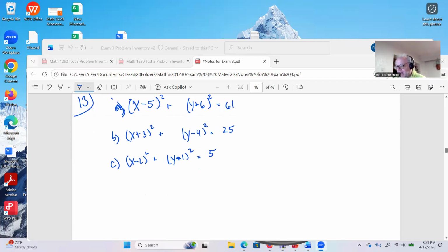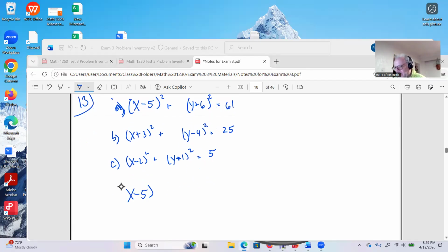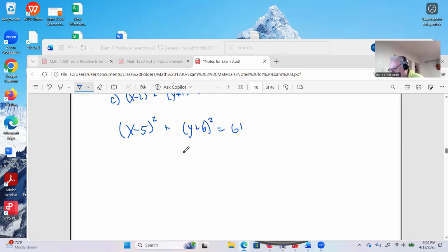So here we have (x − 5)² + (y + 6)² = 61. I'm going to turn this into something that looks polar. First, I'm going to square this stuff out. This is x² − 10x + 25, just squaring out this binomial, plus y² + 12y + 36 is equal to 61.